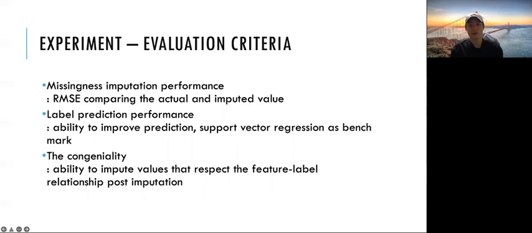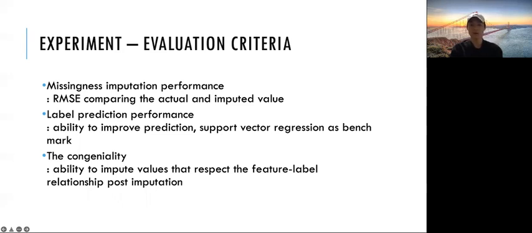After applying MIRACLE on baseline imputation, the results are evaluated based on 3 different criteria: missingness imputation performance, label prediction performance, and the congeniality. Missingness imputation performance is evaluated with the root mean squared error comparing the imputed missing values with the actual values.